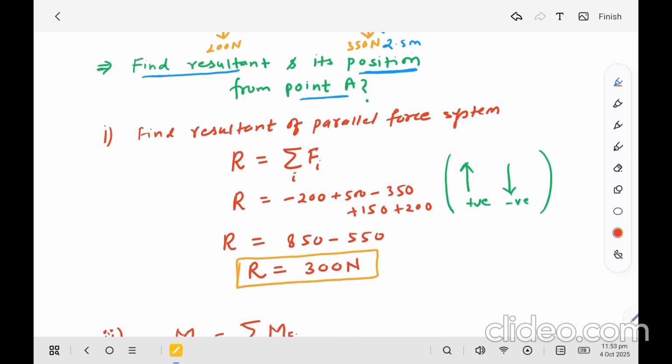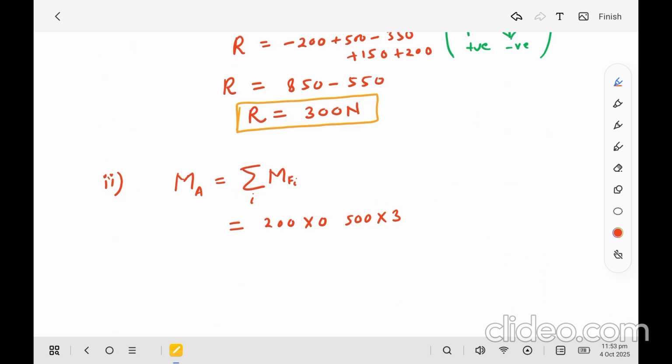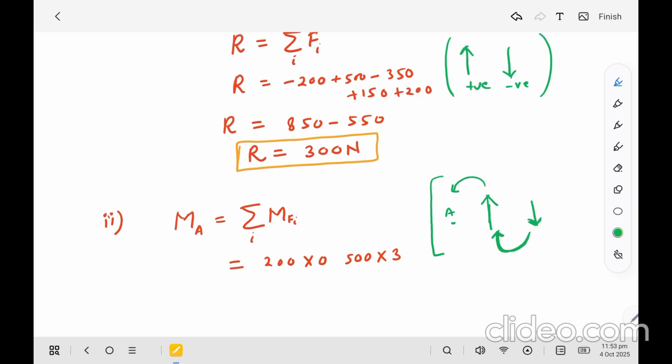The tendency of these forces to rotate the body about point A is in the clockwise direction.